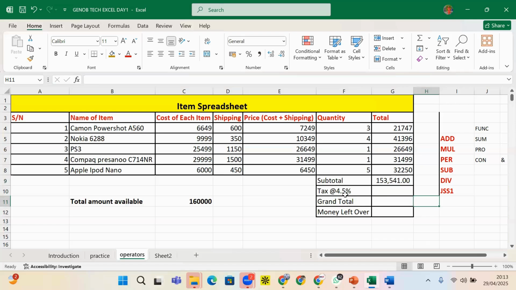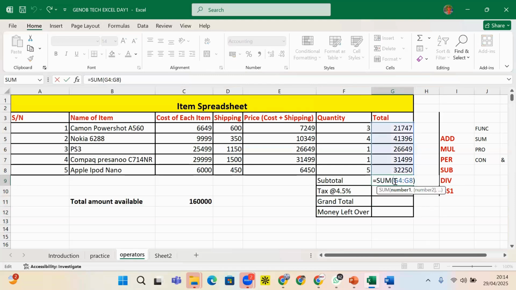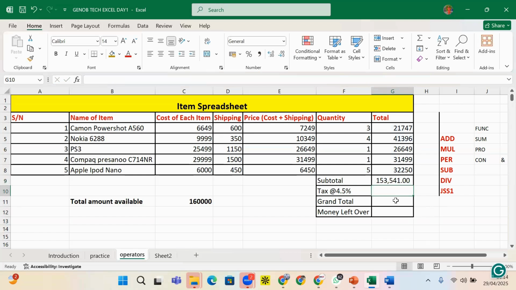Yes. Tithe is 10%. So now the country that you are buying the goods from is saying the tax you pay for buying the goods is 4.5% of the total money you use or the total things you buy. Let's say all these things that you bought sum together gives you the subtotal of 153,541. So you are paying tax from this money that you bought things with, not the money you took to the market. The total cost of the items you bought is what you are paying tax for.